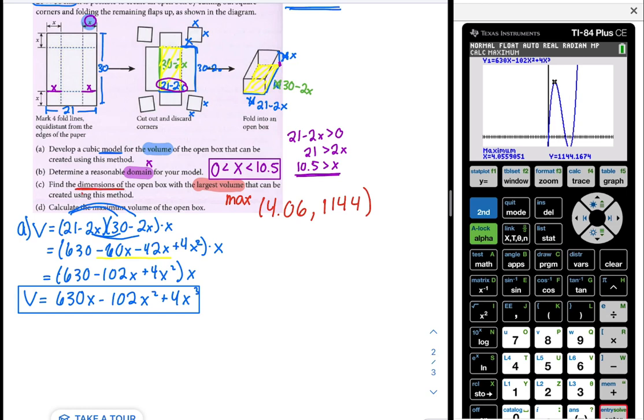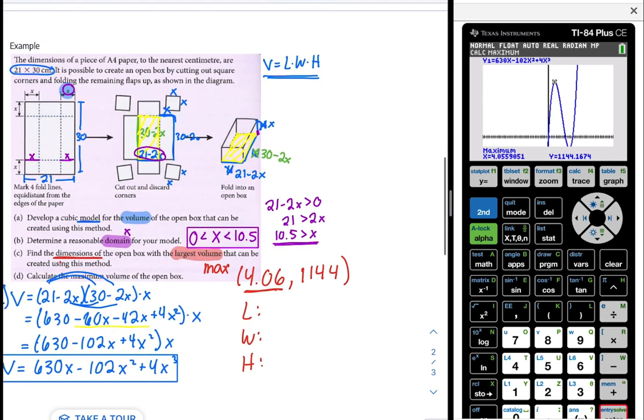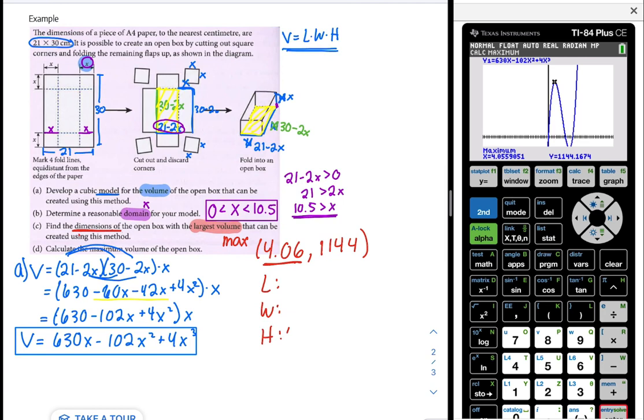The dimensions, that means our length, width, and height. Well, if the maximum happens when x is equal to 4.06, well, that means that my height is 4.06. My length was 21 minus 2x, so 21 minus 2 times 4.06.